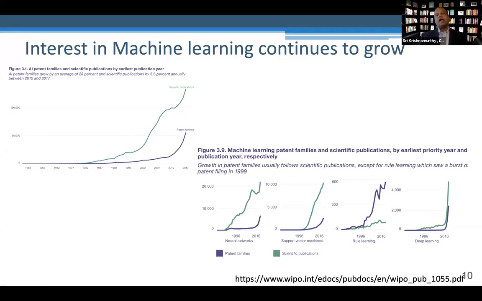If you break it down into segments, you see technologies like neural networks, support vector machines, rule-based learning, deep learning. These are all key machine learning and artificial intelligence methodologies wherein you have a significant uptick in scientific publications and also in patent filings. And the trend is not only in other industries, it's also in finance.